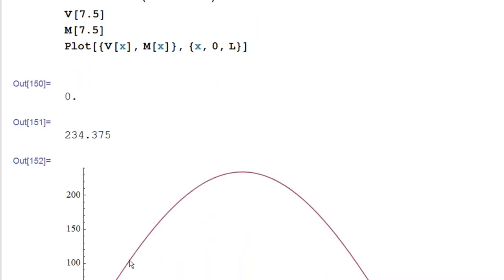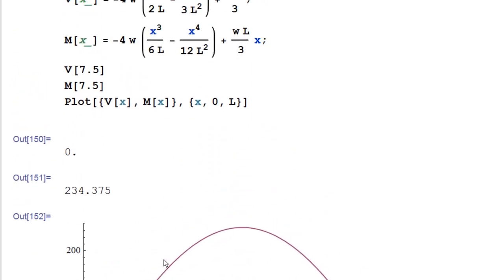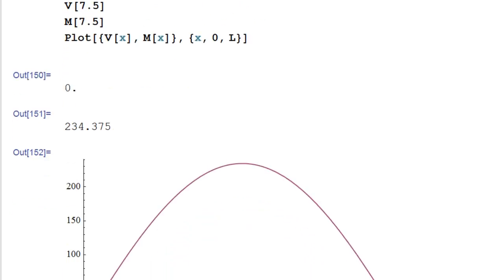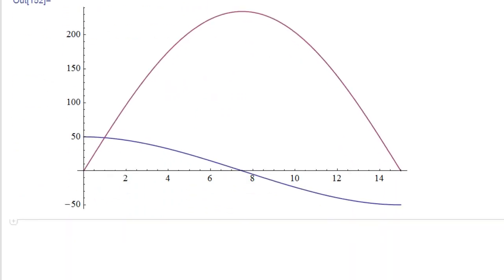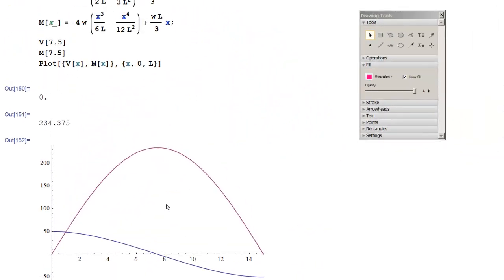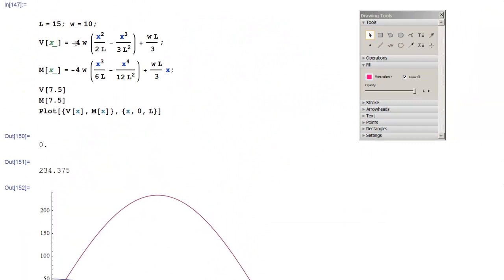Okay, now let's use Mathematica to solve for the x where the maximum moment is. How did we find the 7.5? Remember, we had to solve an equation of the third degree. We had to set V of x equal to 0, so let's copy V of x for now.